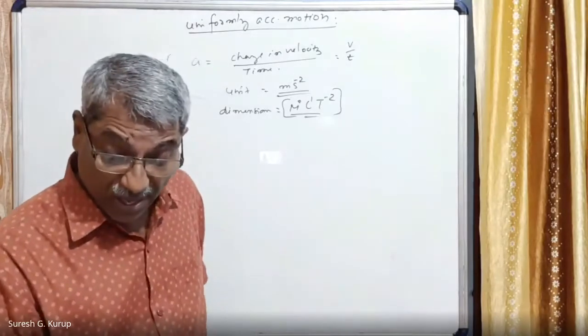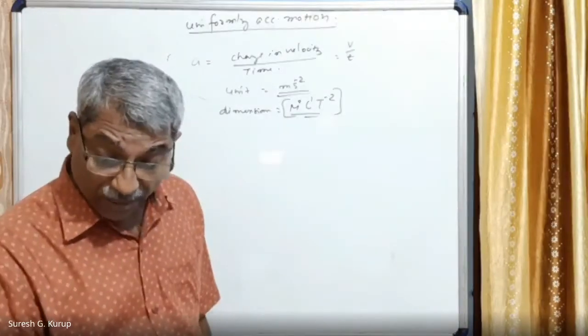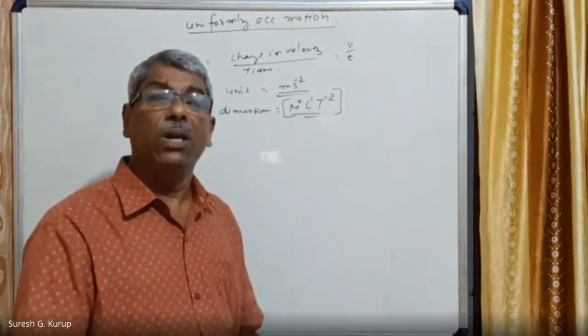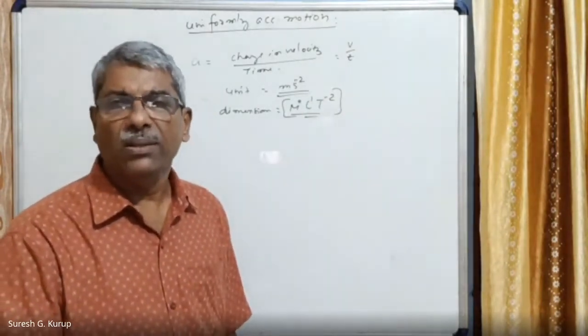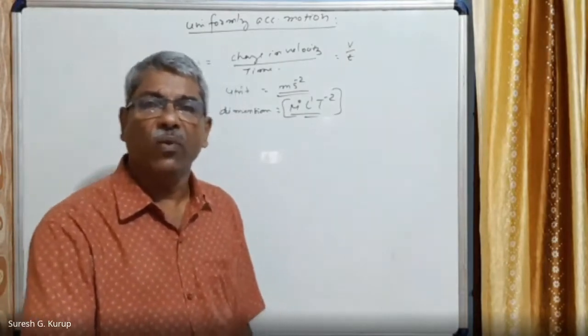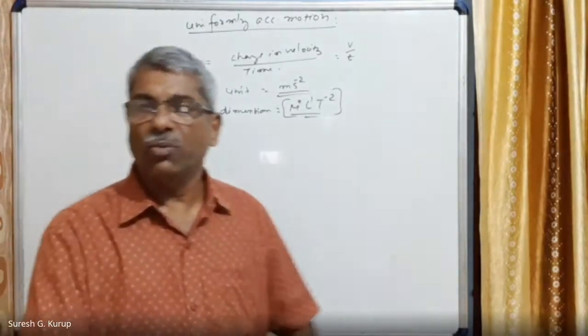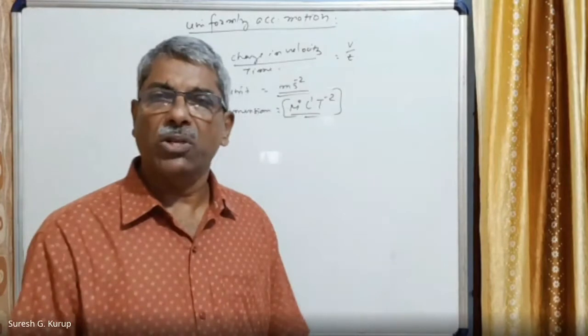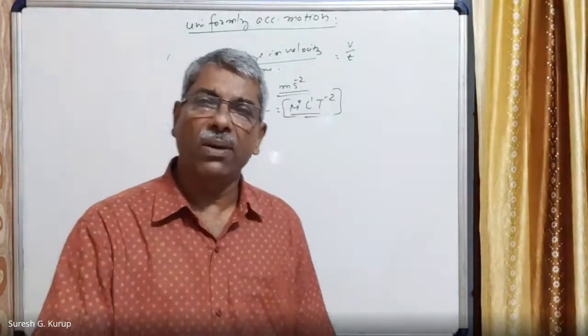If the velocity changes with unequal amounts in equal intervals of time, this situation is called variable acceleration. Motion of the body is with variable acceleration. So the body can move with uniform acceleration, also can move with variable acceleration.